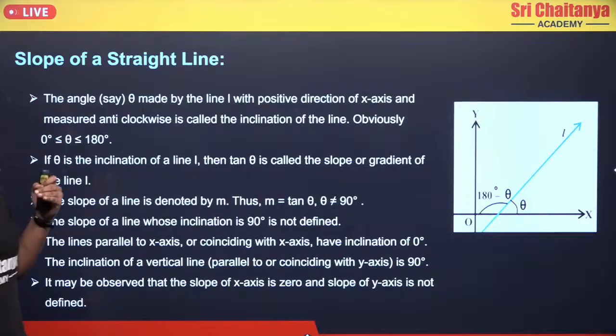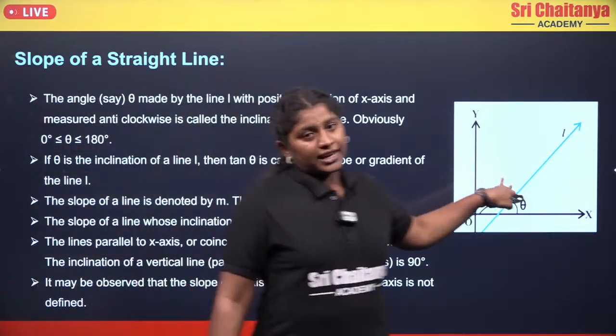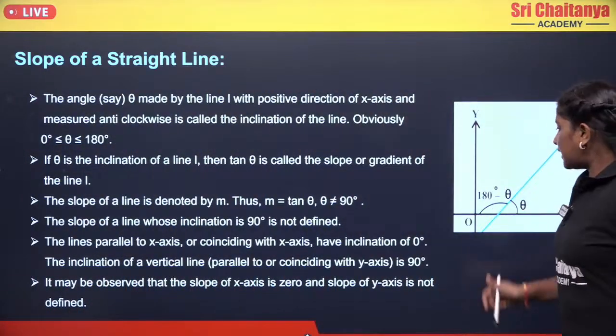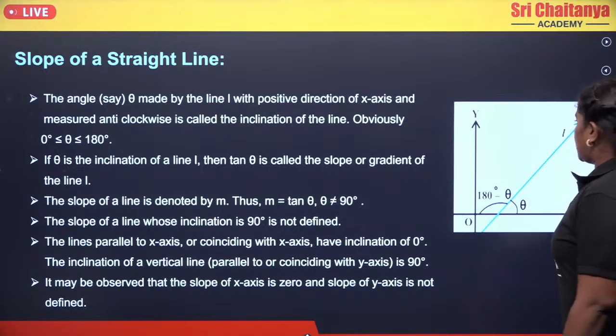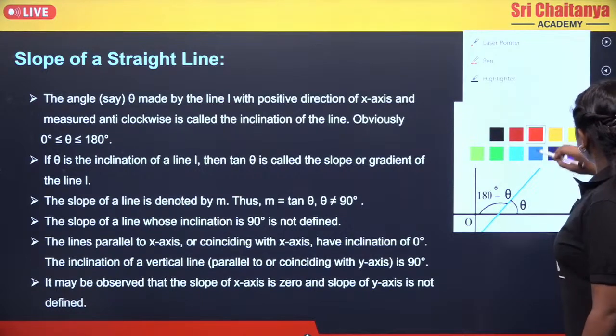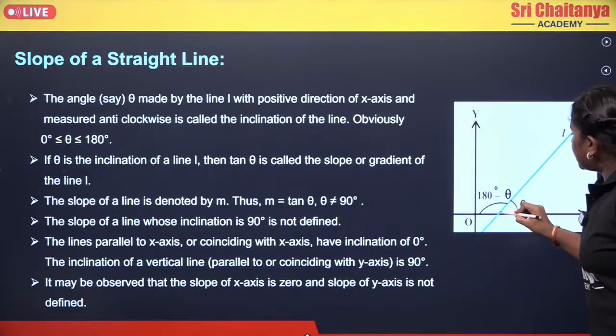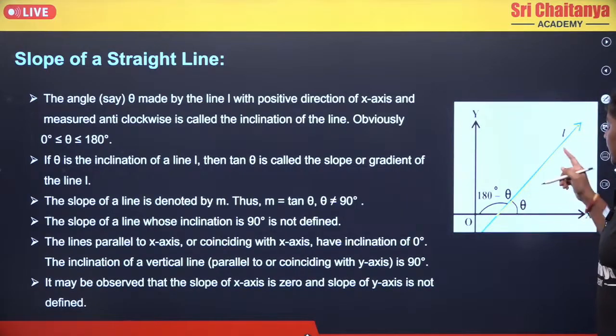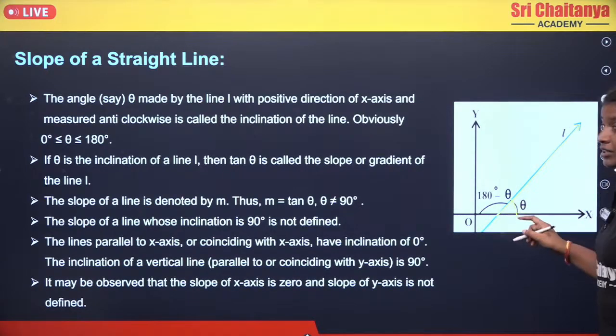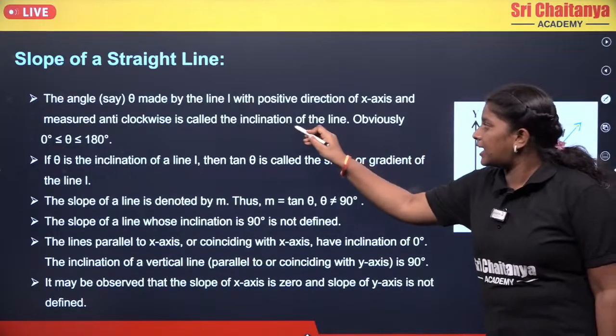We have a line L, and that line L is making an angle theta with our positive x-axis. It means the line L is making an angle theta with the positive direction of the x-axis. This angle is what we call the angle of inclination of the line.